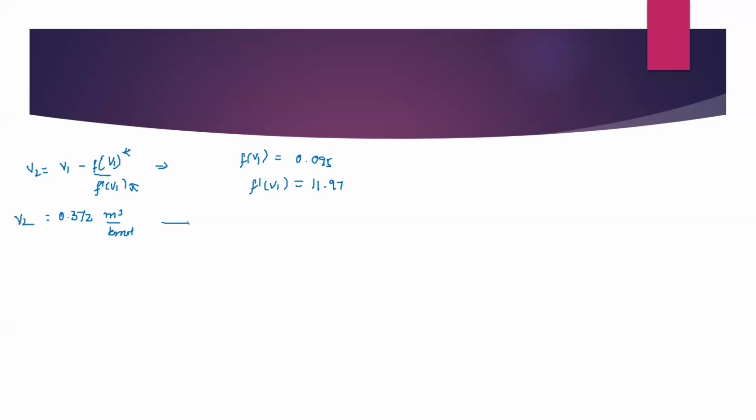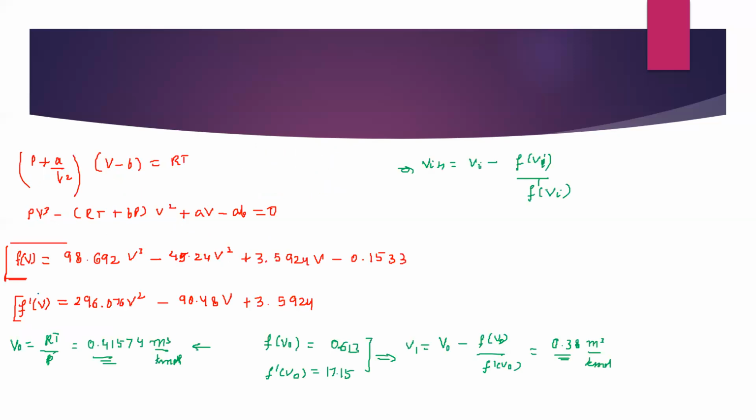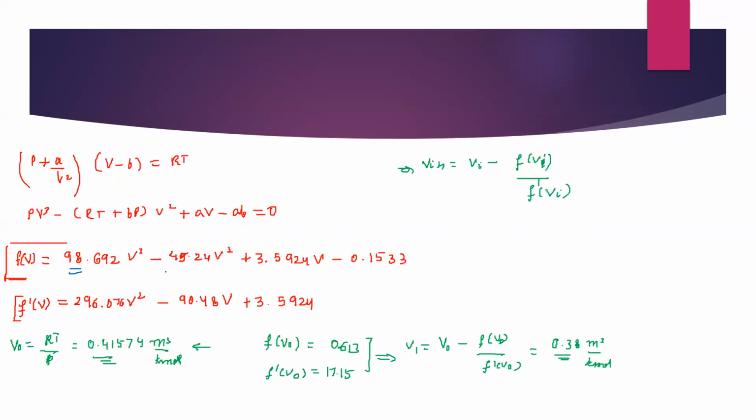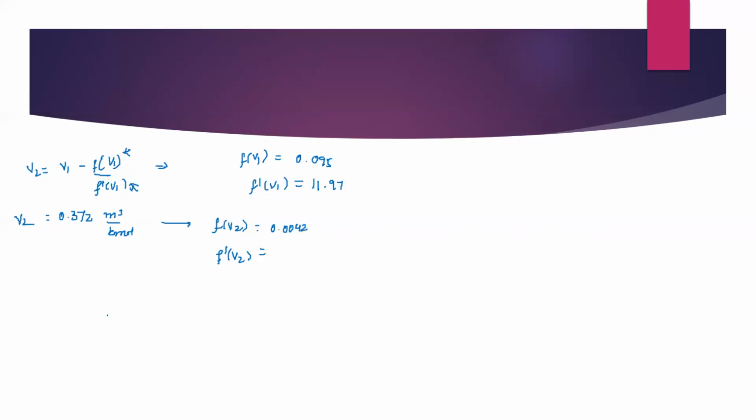Now from V2, let's calculate f of V2 and f dash of V2. When we substitute the value of V2 in this equation, you'll get f of V2 is equal to 0.0042. And f dash of V2 is 10.918.